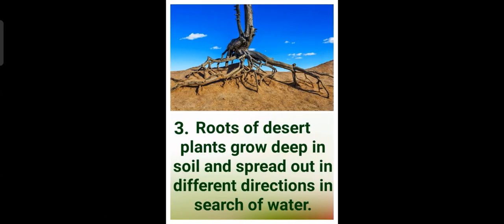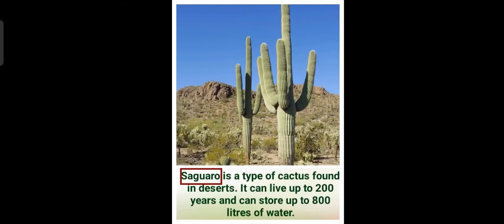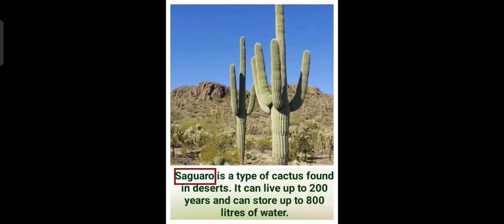Roots of desert plants grow deep in the soil and spread out in different directions in search of water. Saguaro is a type of cactus found in the desert. It can live up to 200 years and can store up to 800 liters of water. Isn't it amazing?